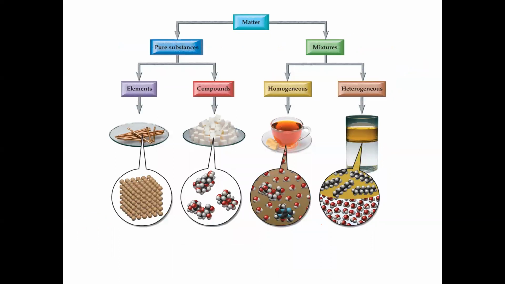So in the earlier video, we talked about matter. There's pure substances that have fixed ratios, and there's mixtures that do not. The first thing we did when we talked about matter is we went to the elements and discussed atomic structure. The reason we talked about atomic structure is that an element, if you look at a periodic table, it's a periodic table of elements.